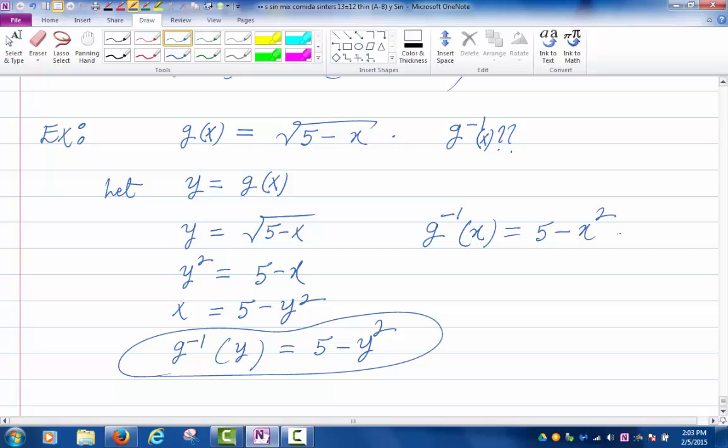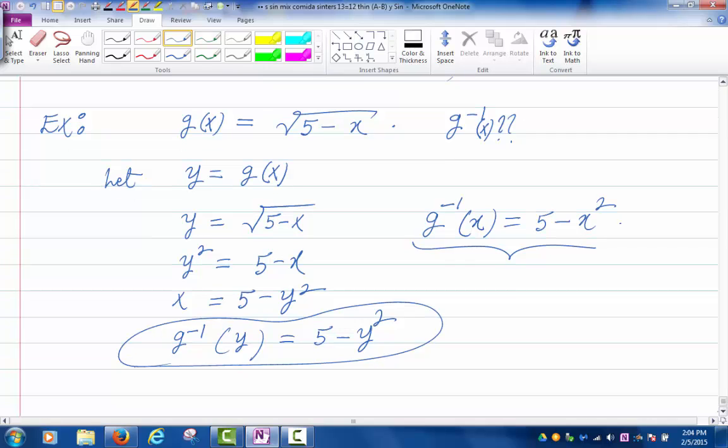Sometimes you do use y for the input for a function, but it's the tradition that you see in all textbooks, that they always express the inverse in terms of x as well. But what's the difference between what I wrote, g inverse of x and g inverse of y? They are the same formulas. Okay, so everybody's clear how to find the inverse?